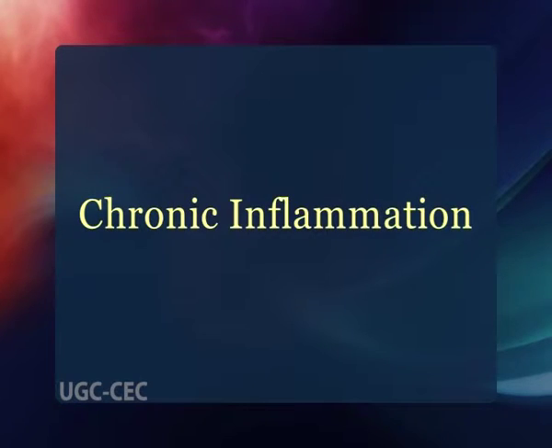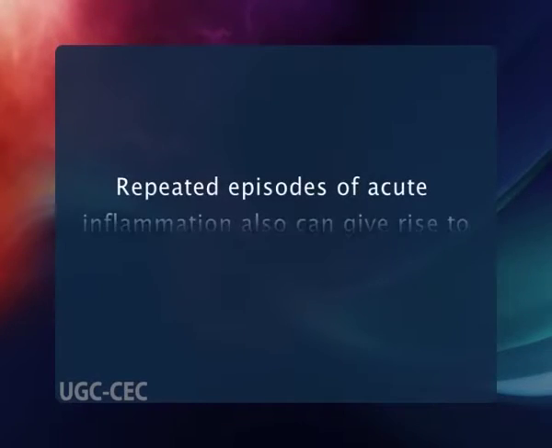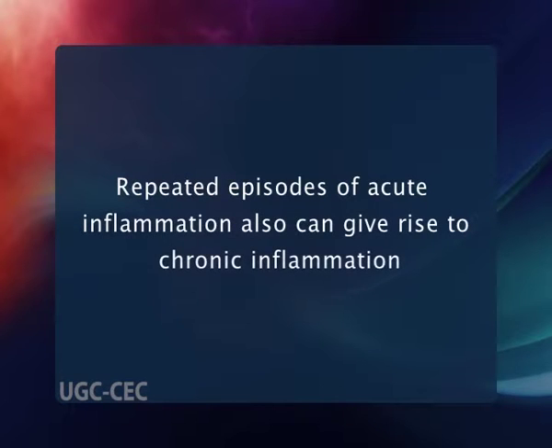Now, chronic inflammation. If the agent causing an inflammation cannot be eliminated, or if there is some interference with the healing process, an acute inflammatory response may progress to the chronic stage. Repeated episodes of acute inflammation also can give rise to chronic inflammation.